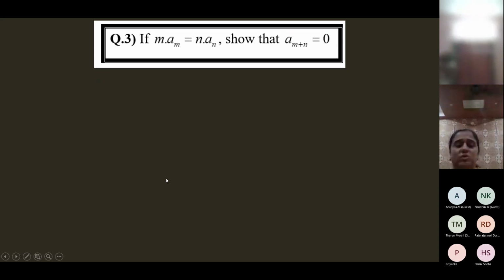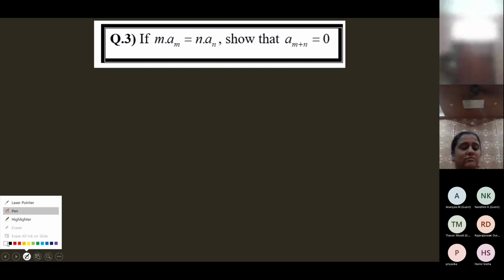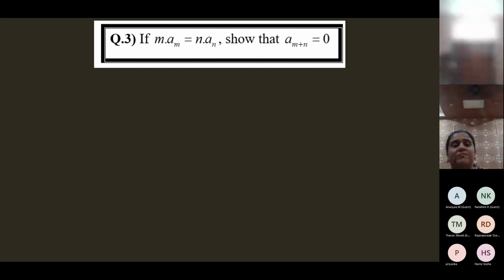If m times the mth term is equal to n times the nth term, show that the m plus nth term is 0. Very good, Rajeshwari. Correct. So class, I'm reading it again: if m times the mth term is equal to n times the nth term, then show that the m plus nth term is 0.